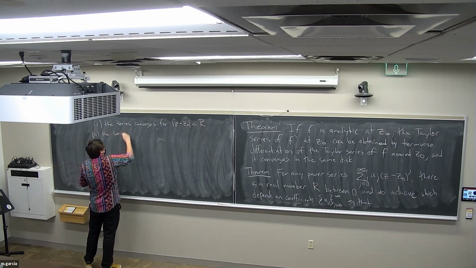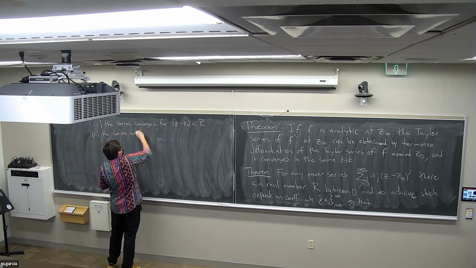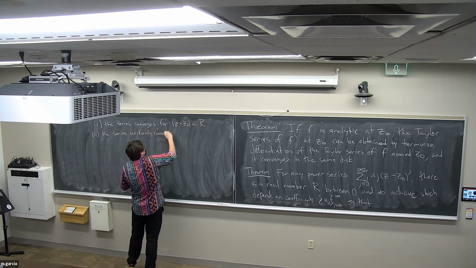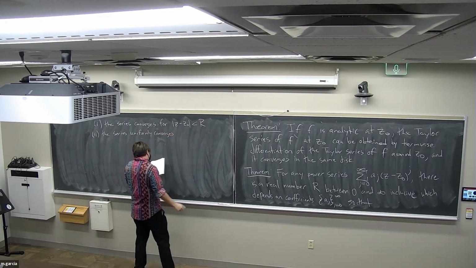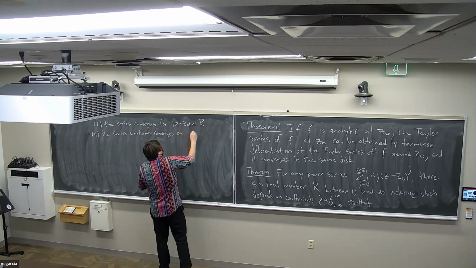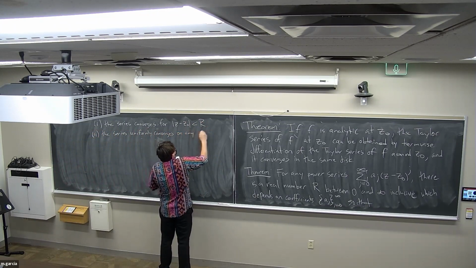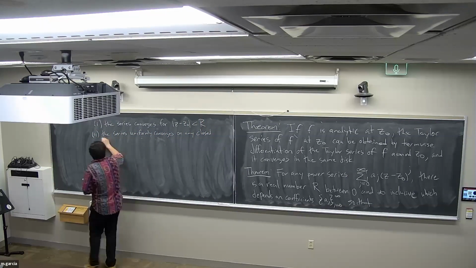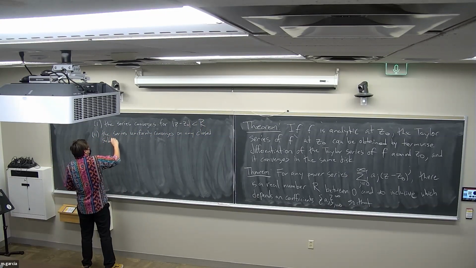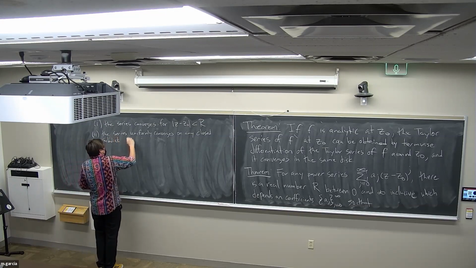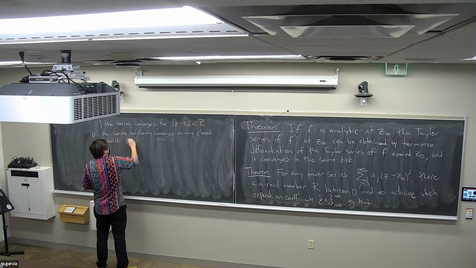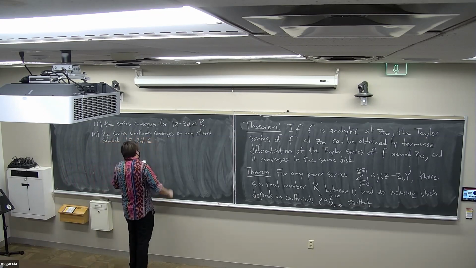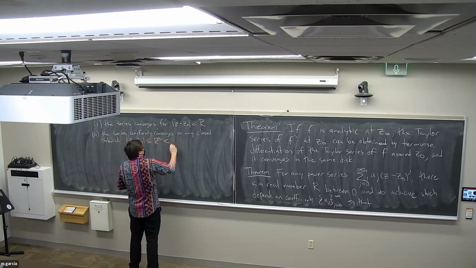Two, the series uniformly converges on any closed subdisk, the modulus of z minus z naught less than or equal to r prime, strictly less than r.